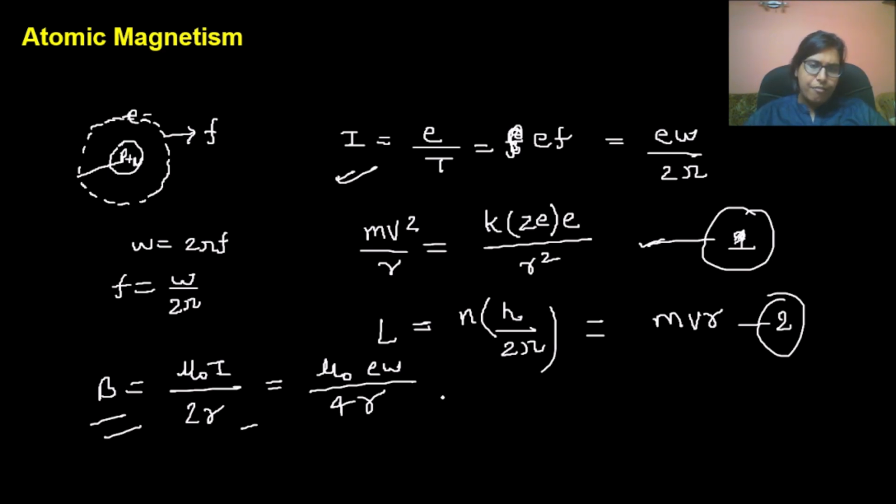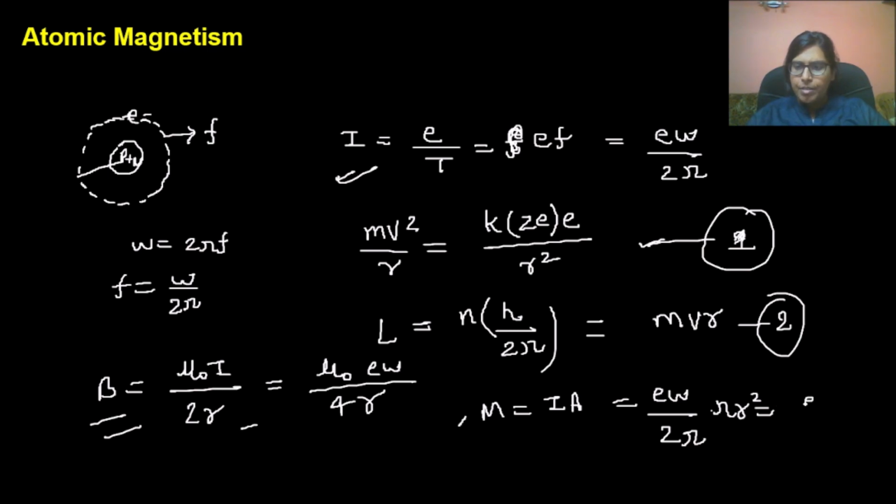Now if we write M, so M will be I into A. I we already calculated as e omega upon 2 pi, and A will be pi r square. So it becomes e omega r square upon 2. This will be the magnetic dipole of this electron which is revolving around the nucleus.